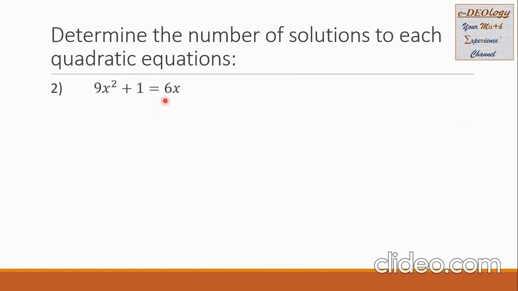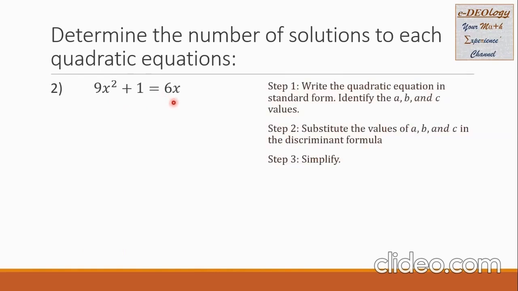Let's have example 2: 9x squared plus 1 equals 6x. First, let us write the quadratic equation in standard form. So this positive 6x on the right side of the equation is transposed to the left side, and the sign is changed.